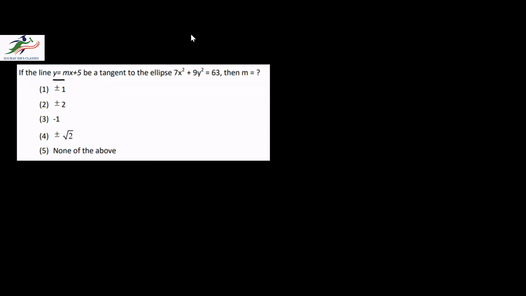The next question says that the line y equal to mx plus 5 is a tangent to the ellipse 7x square plus 9y square equal to 63. We are asked to find the value of m. Now, if the line is a tangent to the ellipse, then it has to intersect the ellipse or touch the ellipse at one point.